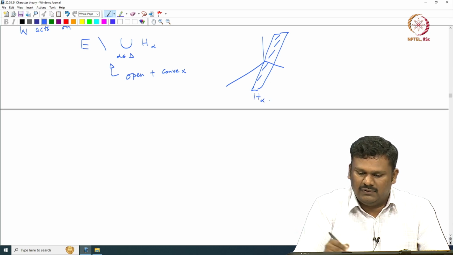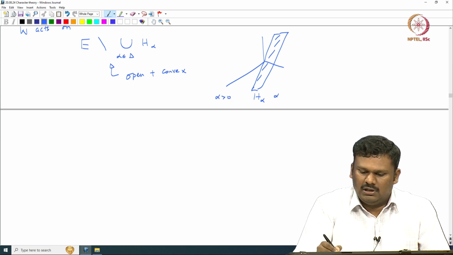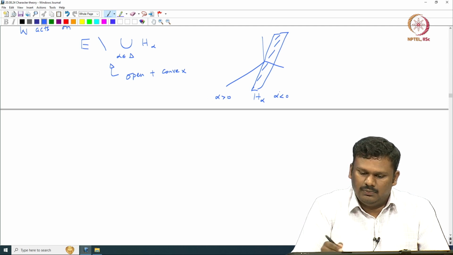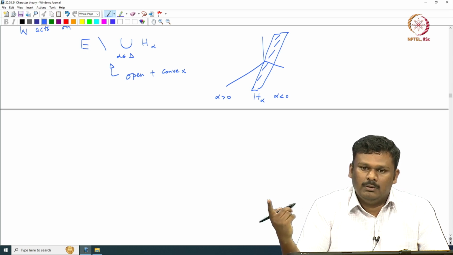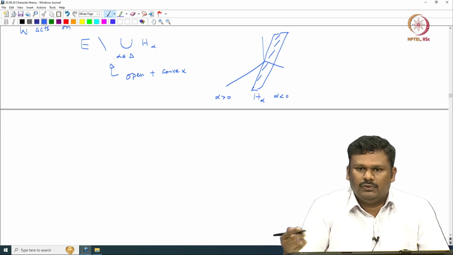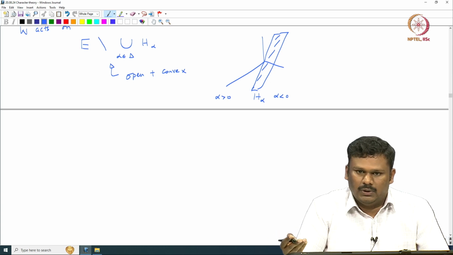Let us say this is H_alpha, then alpha positive and alpha negative will be the two sides of the complement of this hyperplane. It is easy to see that both of them are connected components. So if you remove one hyperplane, you already get two connected components. If you remove finitely many of them, you will get finitely many connected components.